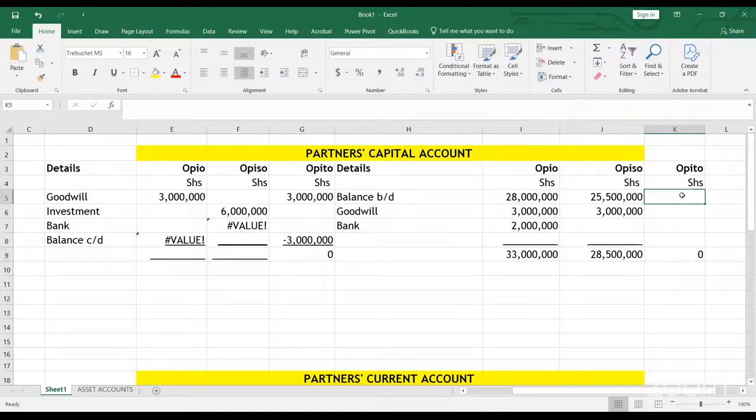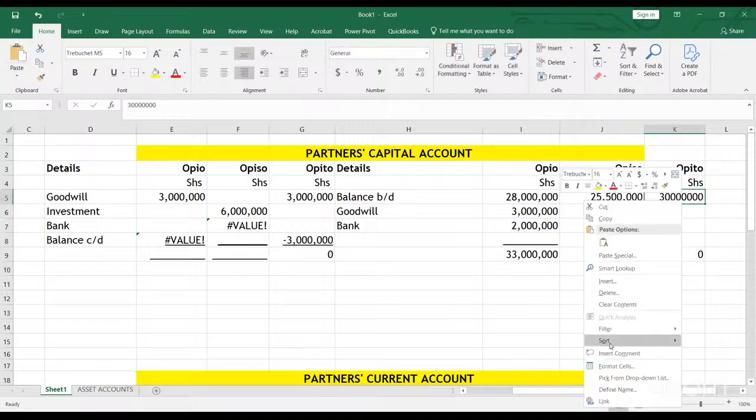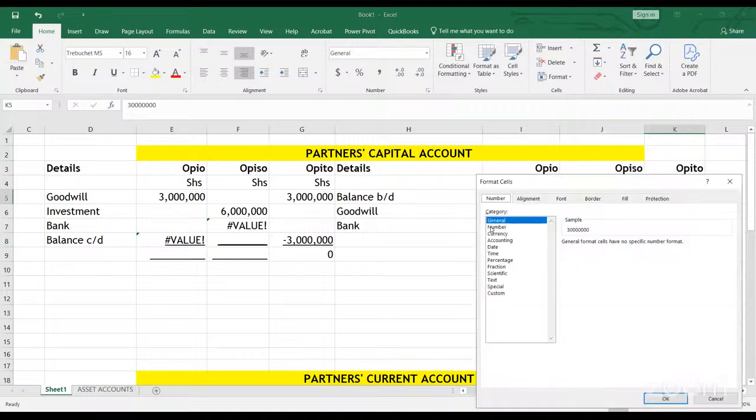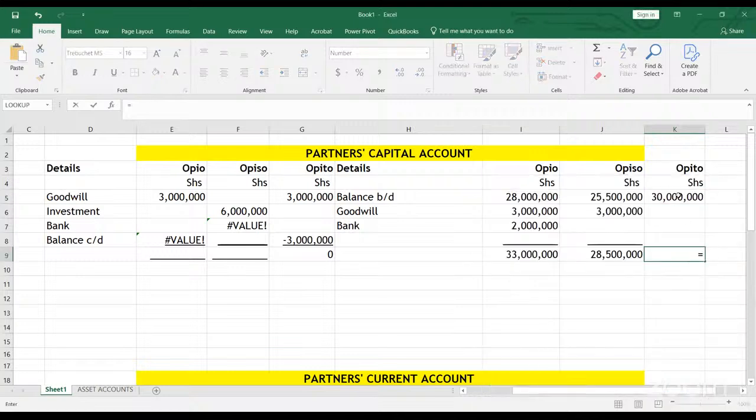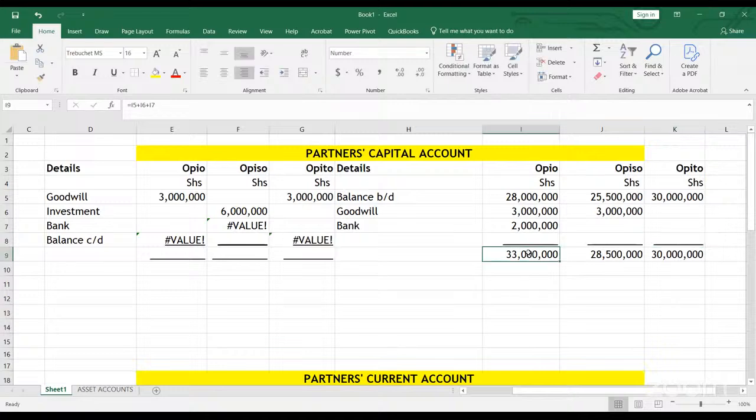This was 30M. There was a 30M here, the capital contribution for this new partner who was admitted. So these are our totals. The balance carried down.